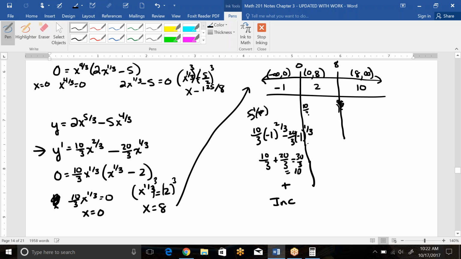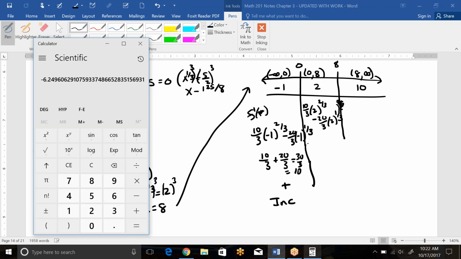So then we need to do 10/3 times 2 to the 2/3 minus 20/3 times 2 to the 1/3. So this time we'll get our calculator back out. And this is 10 divided by 3 times 2 to the 2 divided by 3 power. And that is 5.29 minus 20 divided by 3, which probably needs to be in parentheses. Let me back up.